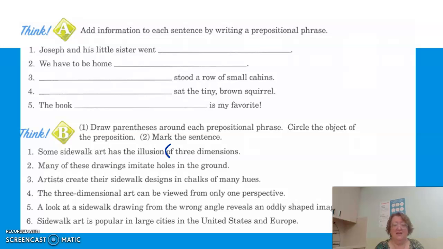You should have said of 3 dimensions. Now, what would be the object of the preposition? The object of the preposition would be dimensions. It is the noun. In this sentence, class, what is 3? 3 would be an adjective telling us how many dimensions there are.